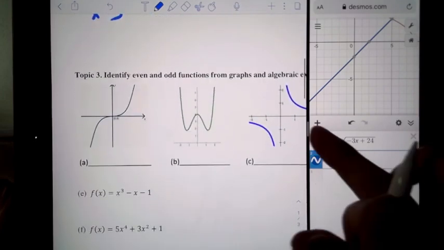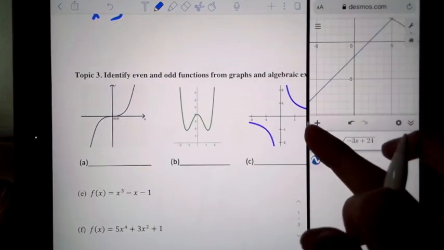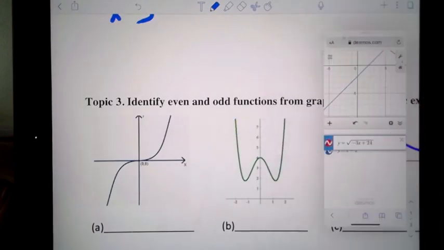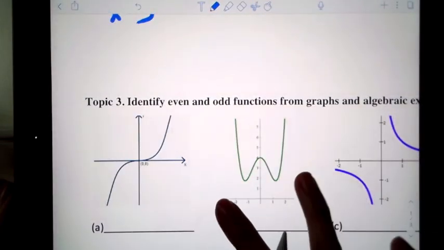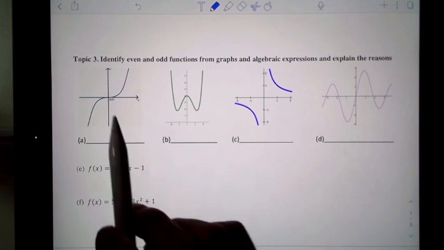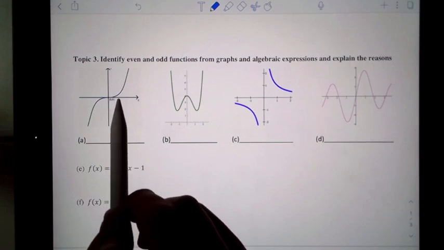And look at question 3. This one, we already know that. You know how to do this, right? If that is symmetric over the y-axis, even. Symmetric over the origin, so it's like upside down, then that's odd. Nothing, then that's neither, right? So look, what is this?